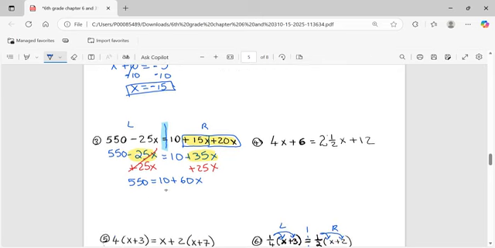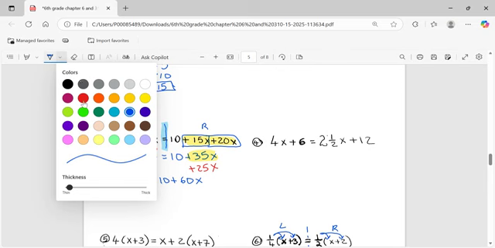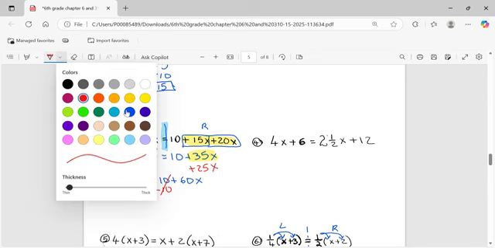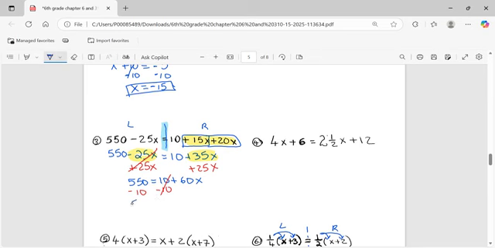Now I'm going to get the numbers together. I want to solve for x. I have to move the 10. So I'm going to subtract 10 on both sides. So now we have 540. That's equal to 60x. Now we're down to a one-step equation.